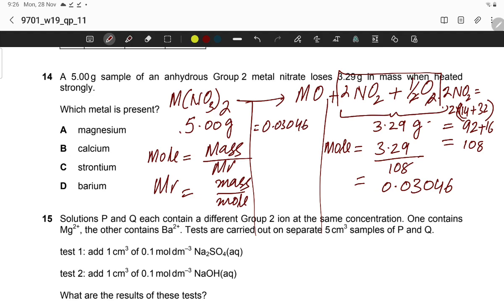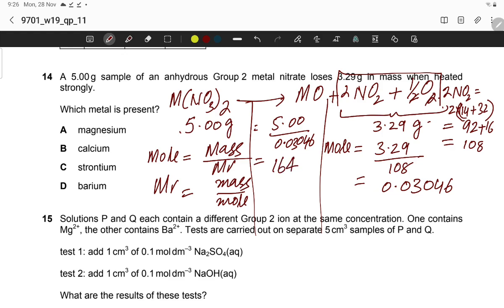Sorry, mass over mole: 5 divided by 0.03046 is equal to 164.